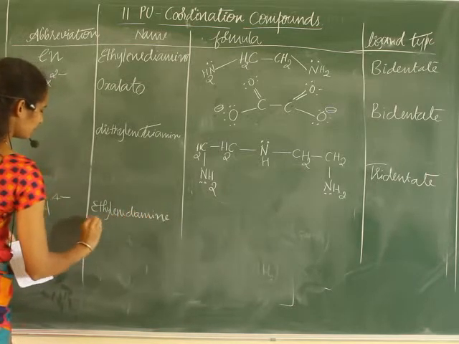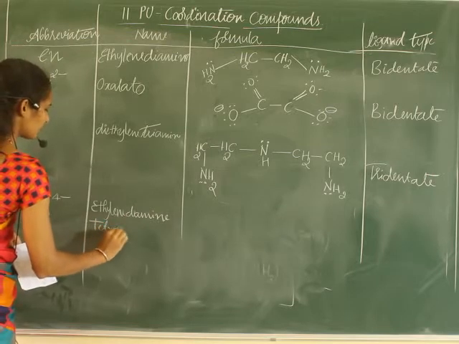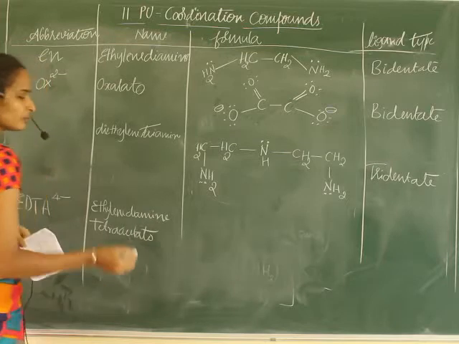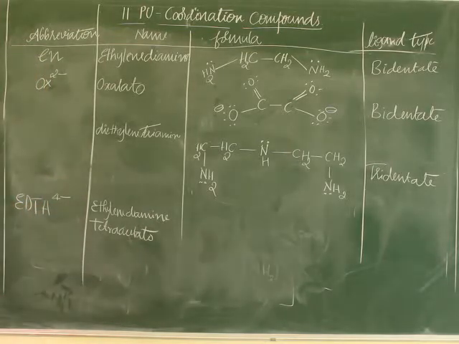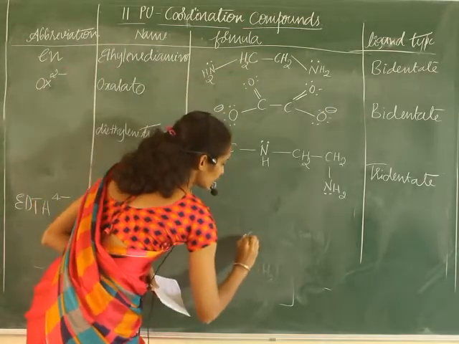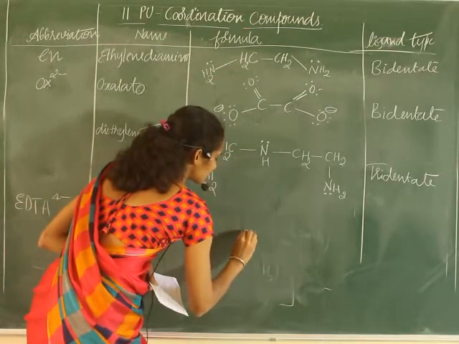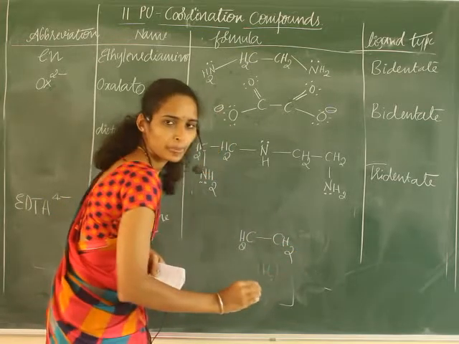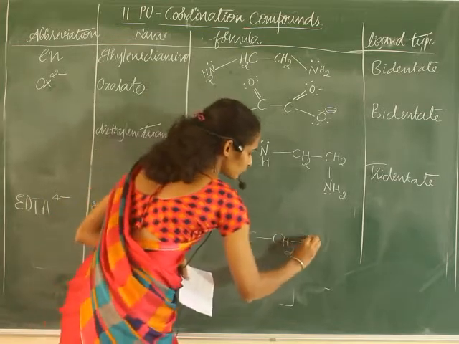Ethylene diamine tetraacetate. Acetate, E is replaced by O. Tetraacetate. And again it is same as ethylene diamine. First, look at this. You can write CH2 and CH2, two groups. To this nitrogen is attached.